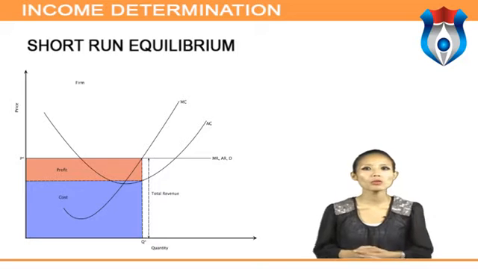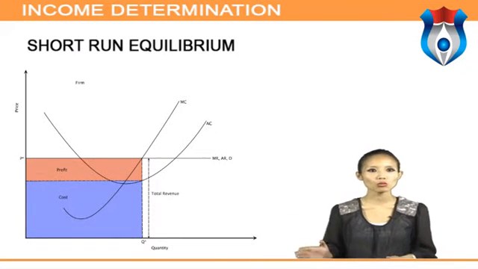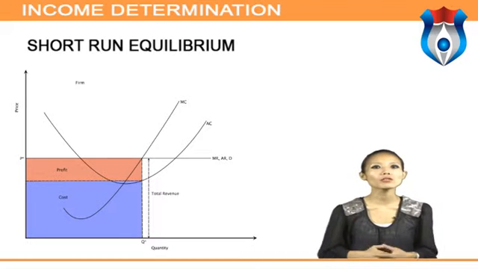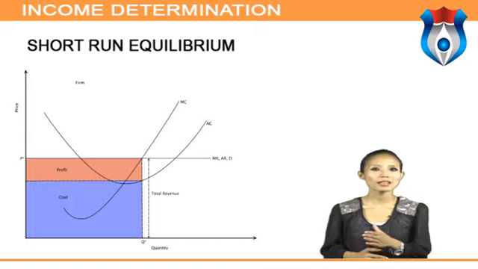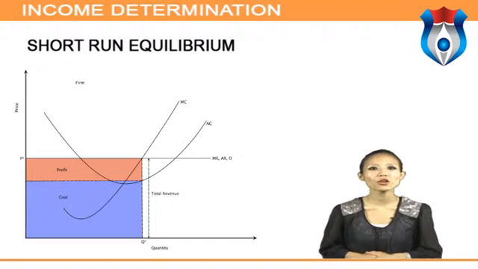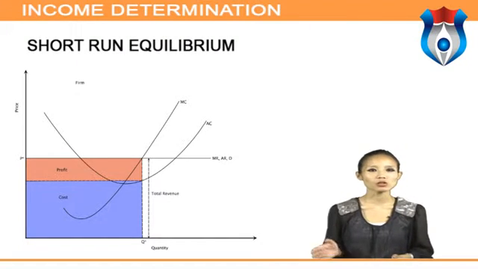In an equilibrium point E2, we find MR is equal to MC and output level is Q2. For this output level, the firm receives total revenue as TR is equal to output times price, equal to OQ2E2P. Total cost of the firm in equilibrium is TC is equal to output times AC, equal to OQ2C2R2.